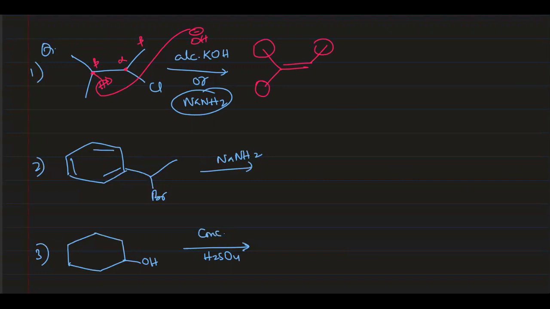As a consequence, they will have higher hyperconjugation structures, which will render this molecule more stable compared to the other one. If I abstract the other beta hydrogen, this hydrogen here, then I get double bond here. So this will be the minor and this will be the major.